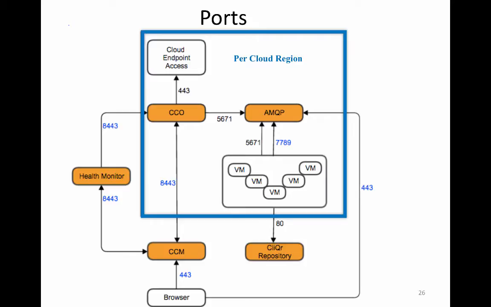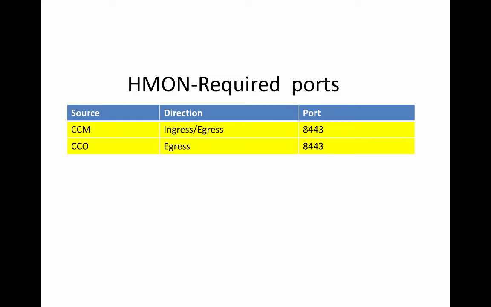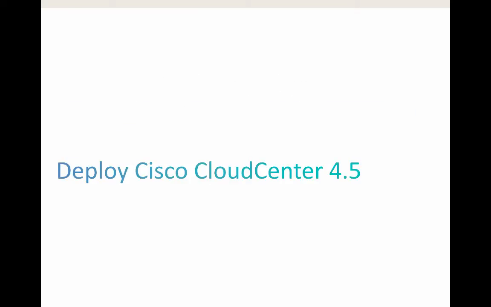By default, AWS allows all outbound ports open, but Azure doesn't do that, so you'll also have to configure the outbound and inbound ports for Azure. Then 7788: if you split Guacamole and your AMQP, you'll have to keep this port open for Guacamole. And for troubleshooting, 15672 is a port I'll show. This is very useful, especially during deployment, to see if everything is working okay or not. And the HMON is 8443.